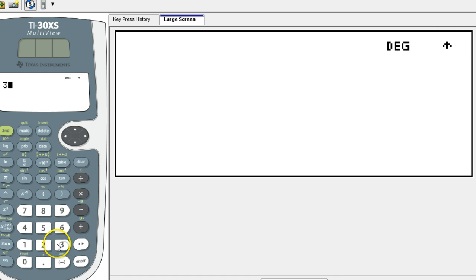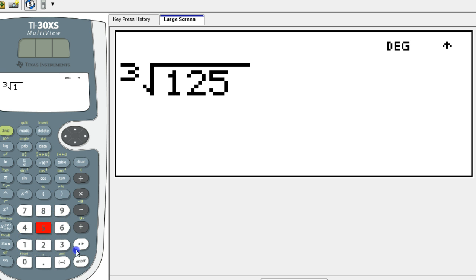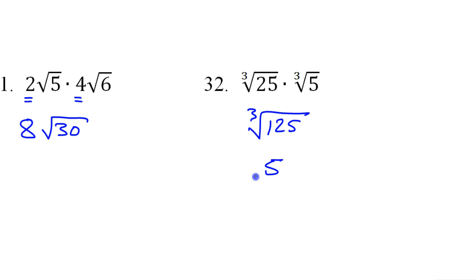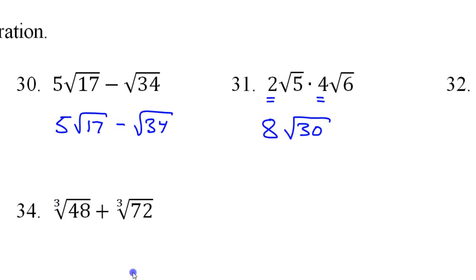So I could do, if I wanted to try it out, the cube root, I have to type in 3 and then do second caret, and that's the cube root of 125, and sure enough that is 5. So that is the answer to number 32. And because it came out evenly, I could have actually typed this whole thing in my calculator and it would have given me 5, but that only works some of the time.